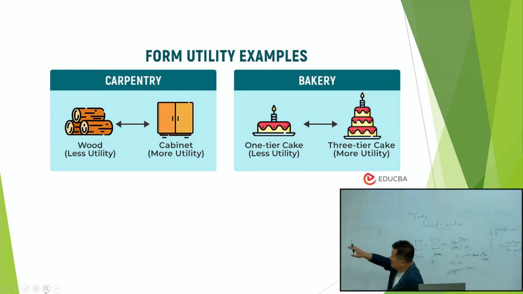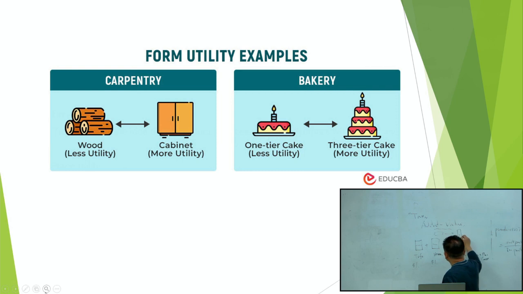Also, this is not added value. This is added value. The wood is raw material, but I put in the idea and some workforce and factories, and then make a cabinet. All processing we call added value. So wood becomes a cabinet. It means added value. That's why we charge the tax.